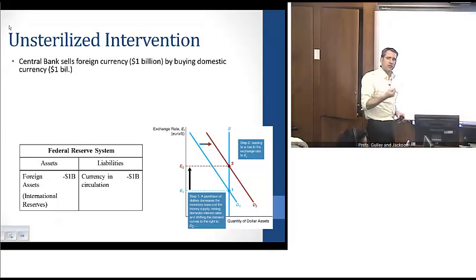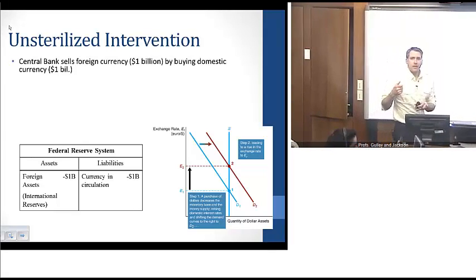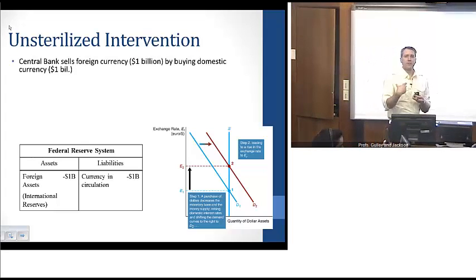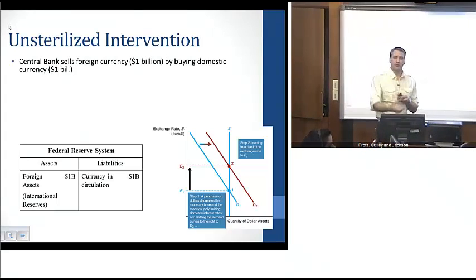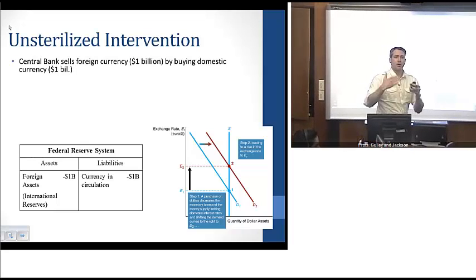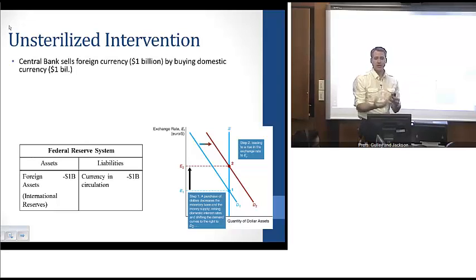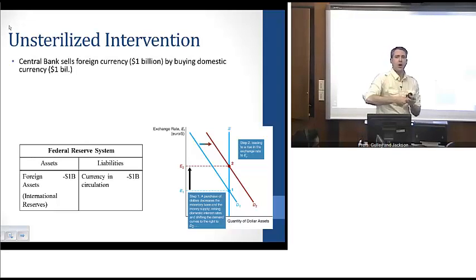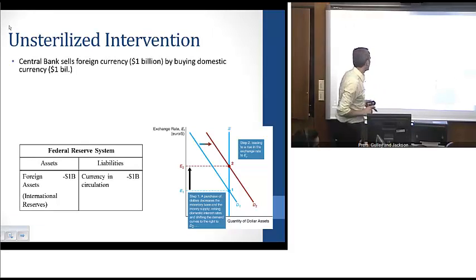And so again, what this means is that they're using their store of international reserves, foreign currency, so this could be euros or yen or whatever, and they're using that to buy up domestic dollars that are already floating around in circulation. Okay, so they're removing currency from circulation, in this case on the order of $1 billion, and they're trading that by offloading $1 billion of their international reserves.